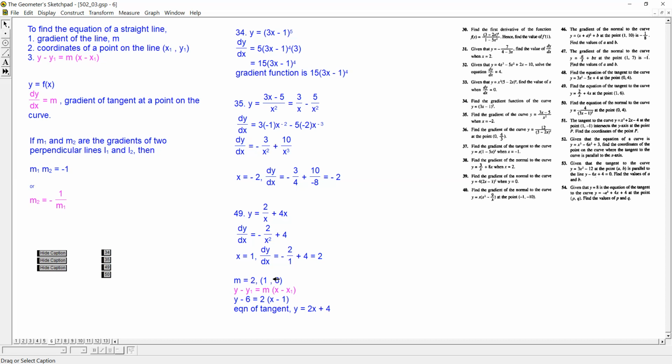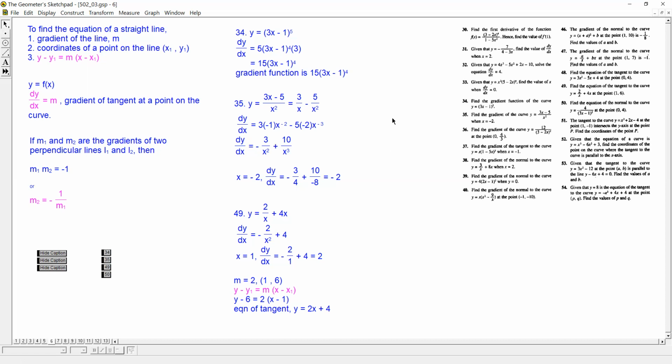All these three numbers I substitute into the formula: y minus y1, y1 is 6, m I replace with 2, x is x, then x1 is 1. The gradient comes from the gradient of tangent, the point comes from the point on the line. So this is the equation of tangent. Simplify, you get the equation of tangent.